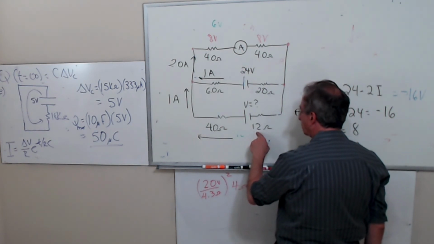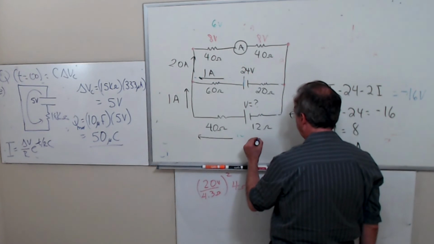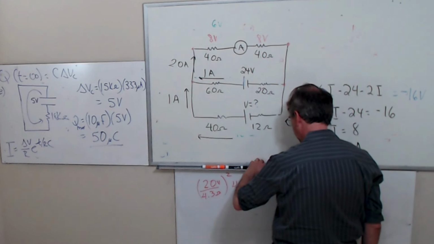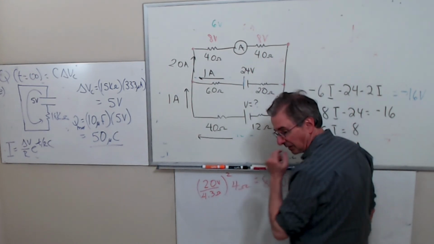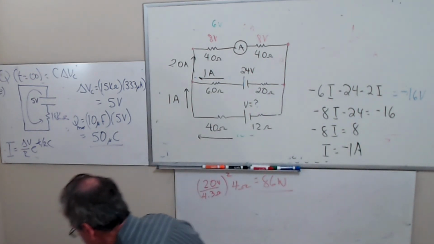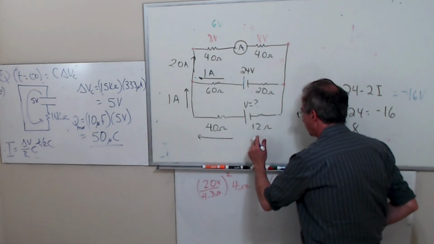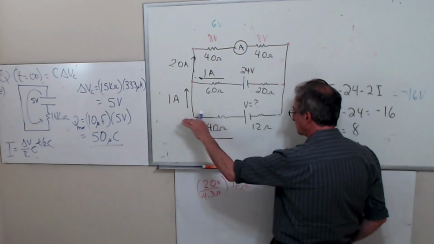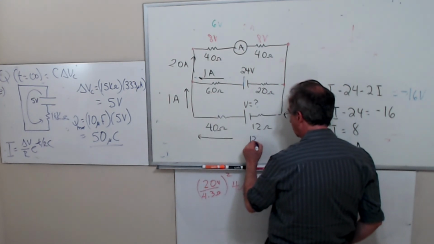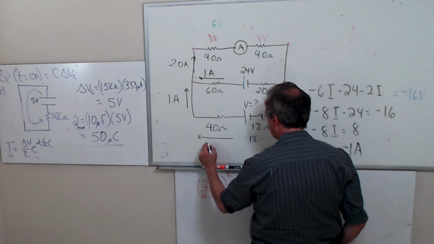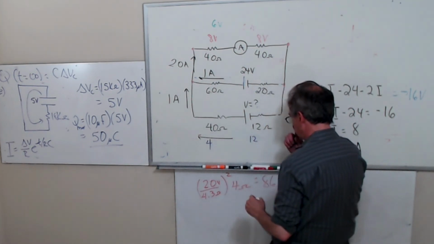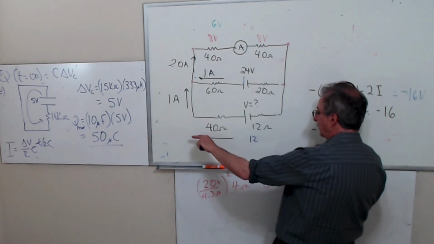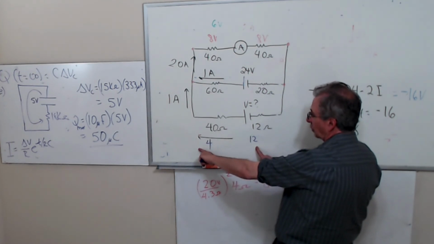So what's the voltage drop in that direction? Is it 12? Yeah, but it drops, so it's minus 12 that way, or it drops in that direction, right? Yes. And it drops in this direction. So if I go in this direction, the voltage drops 12 volts, right?